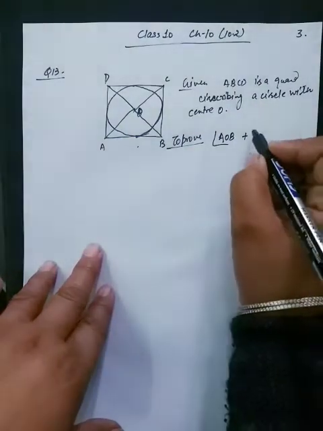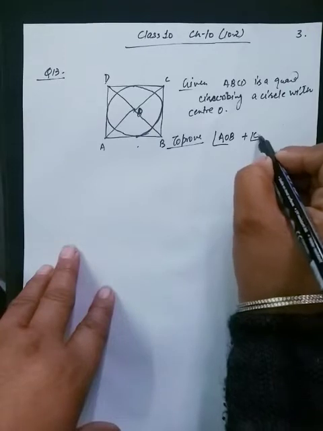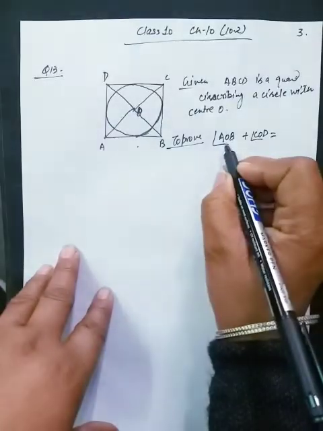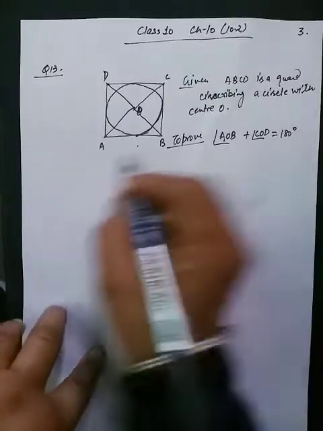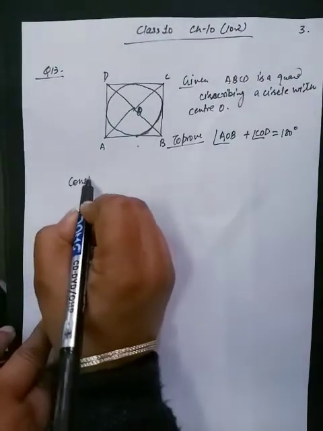Angle subtended by side CD at the center is angle COD. And we have to prove that the sum of these two angles is 180 degree. Construction.